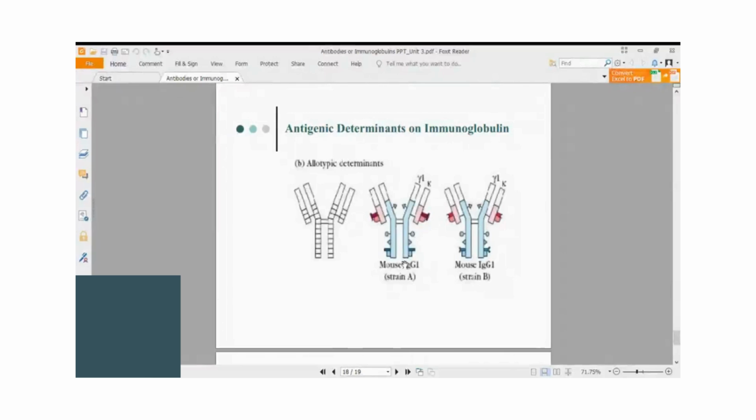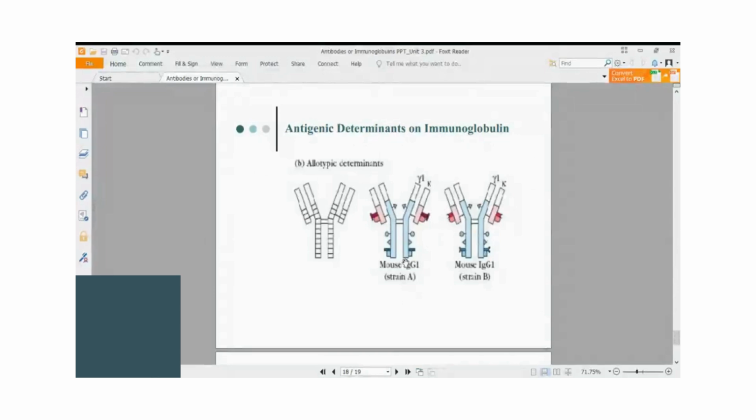Asparagine has been replaced by glutamic acid. Leucine has been replaced by methionine. Remaining three amino acids are the same. This much of difference in the amino acid residues itself will be sufficient to bring about allotypic determinants. And that is how one particular class of immunoglobulin can exist in different forms of allotypes.